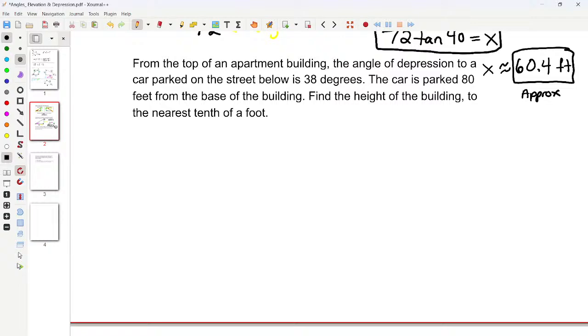The good old top of an apartment building. Because you know it's so important in the real world to measure the angle to where a car is parked below. We've all done that.